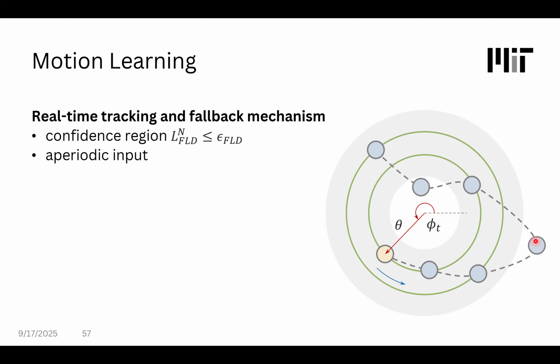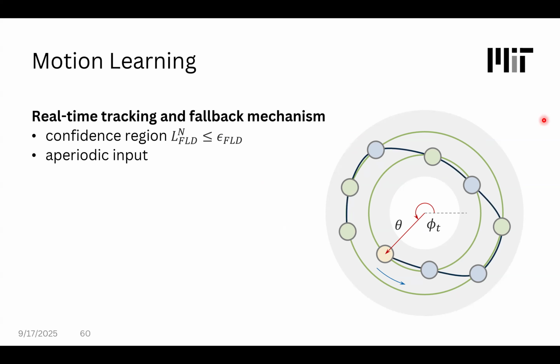For example, this user input and this one are outside of the confidence region, so we just don't track them. Instead, we fall back to the motions we know about by staying on the same frequency domain parameterization but advancing the phase. So the eventual motion we get is this one.